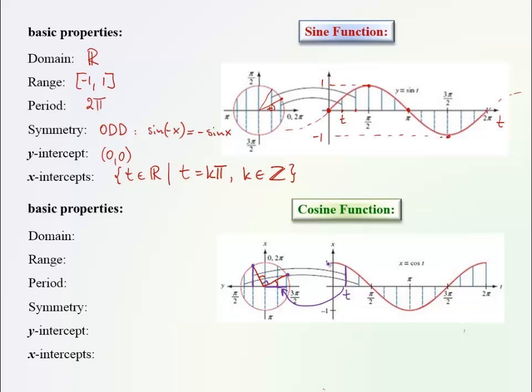So that's how we obtain the shape of cosine. It starts from 1 going down to -1 and back to 1. The properties of this function, again: domain is all real numbers, no problem here. Range is from -1 to 1, the same as for sine. Period 0 to 2 pi, so 2 pi. Symmetry, if we extend the graph to the other side, it looks very symmetrical in the vertical axis.